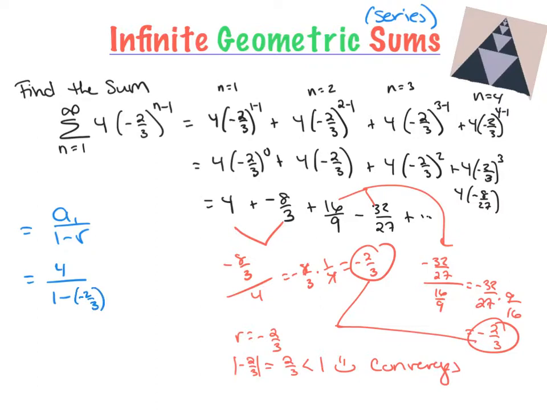Okay, doing some arithmetic here. 1 minus negative 2/3 is, let's see, plus 2/3, so that would be 5/3. 4 divided by 5/3 is 4 times 3/5, which would be 12 over 5.